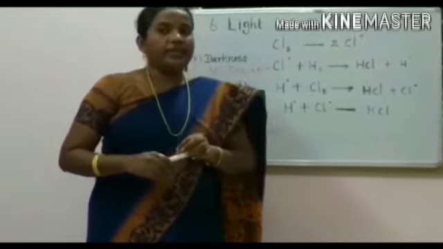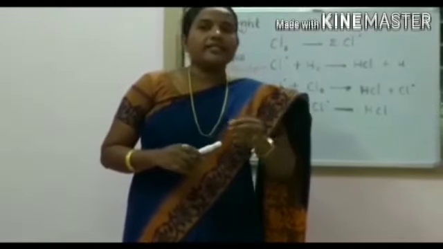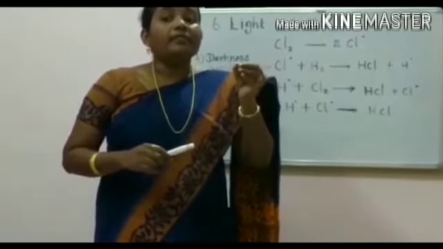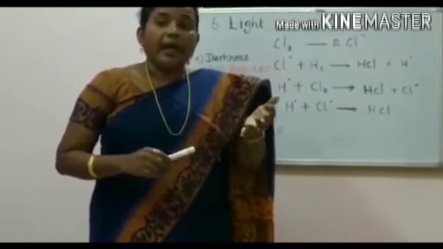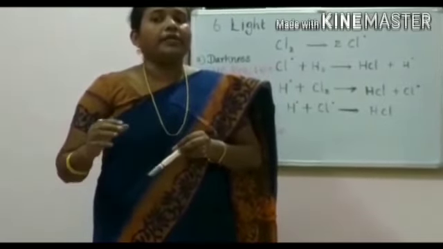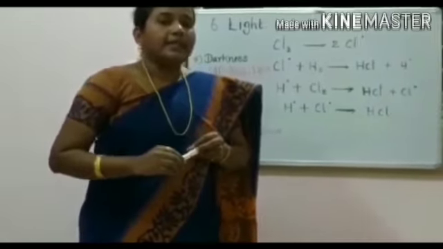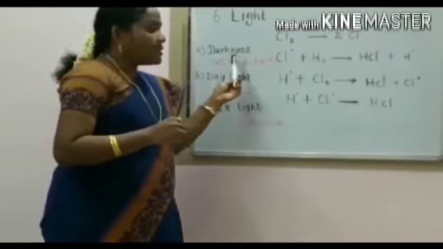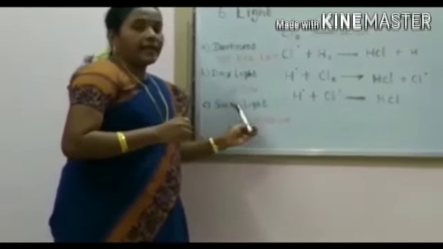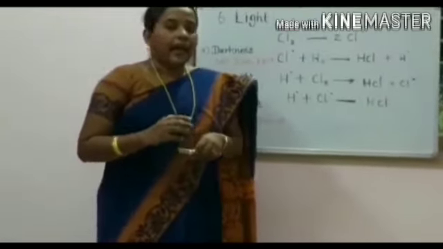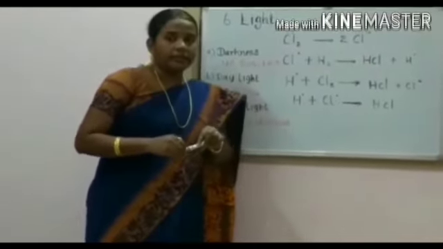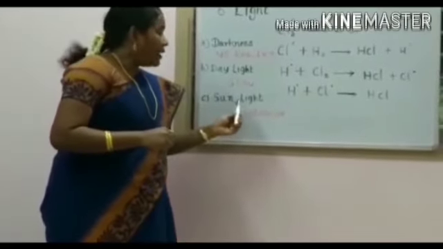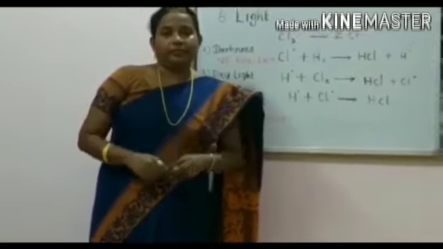In the presence of light, the chlorine molecule is energized and breaks up into free radicals. The free radicals being very reactive, they combine rapidly with hydrogen molecules to form hydrochloric acid. This reaction is done at ordinary pressure in darkness, daylight and sunlight. In darkness, the reaction almost does not occur. In daylight, it is slow. While in sunlight, the reaction is explosive.